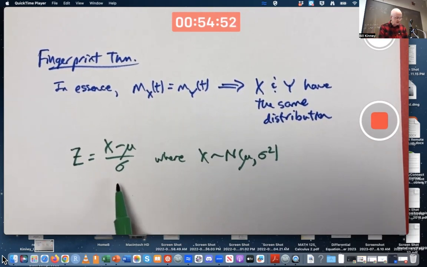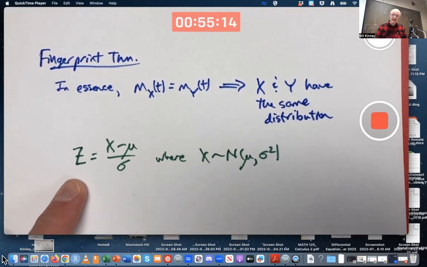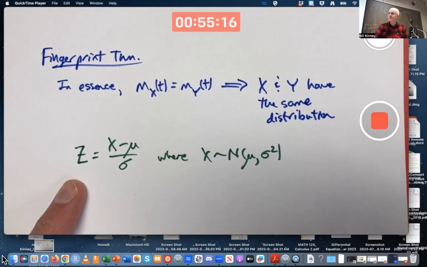Now you can do this calculation for any random variable X that has a finite mean mu and a finite standard deviation sigma. And you can call it Z if you want, but mostly reserve the letter Z for when X does have a normal distribution. We saw way back in chapter 3 that the mean of Z is 0, and the variance of Z is 1.